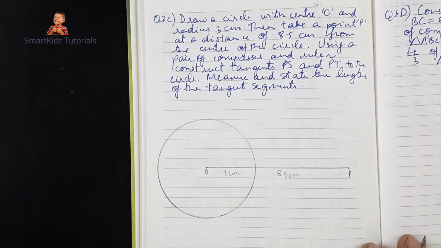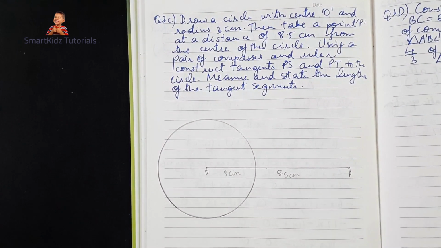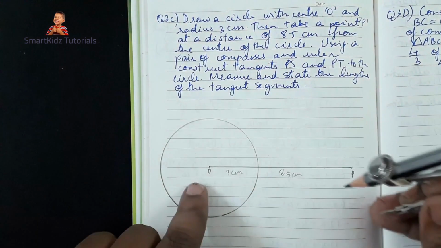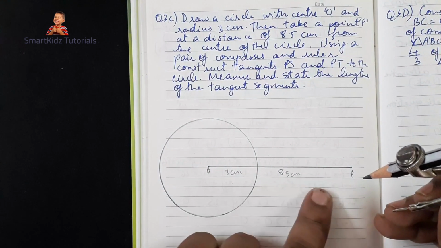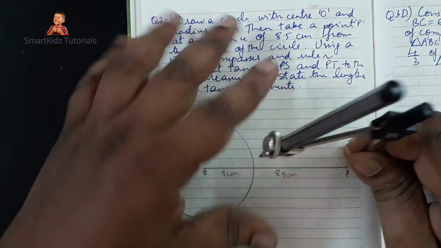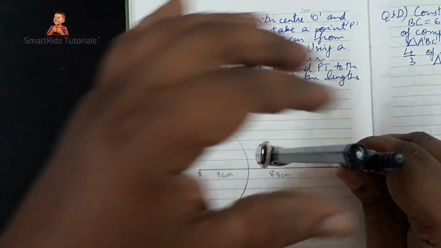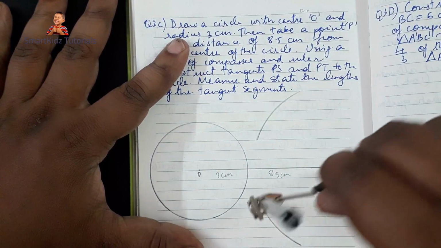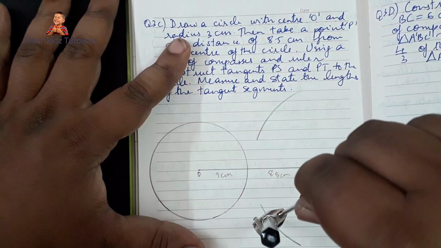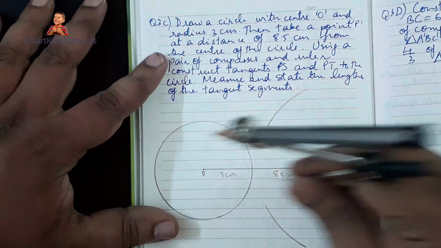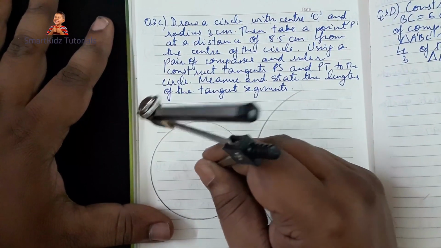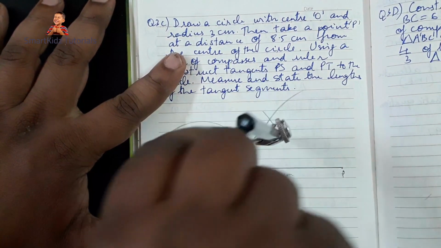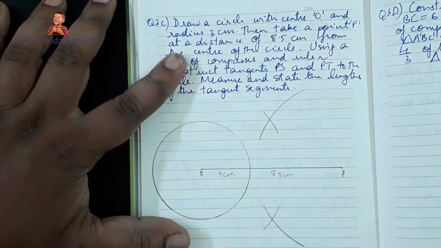Okay. Next, we are going to draw a perpendicular bisector to OP. To draw the perpendicular bisector to OP, we need to take a length which is greater than half of this 8.5. So I'm just going to randomly take some length out here. Make sure the measurements don't change when you draw the arcs from either ends, like this, and one here.